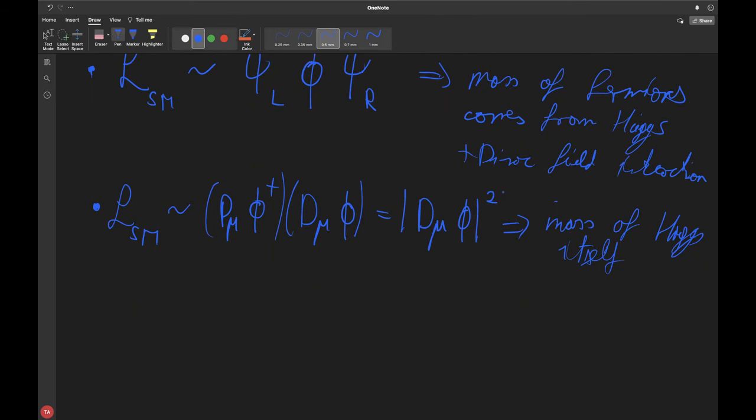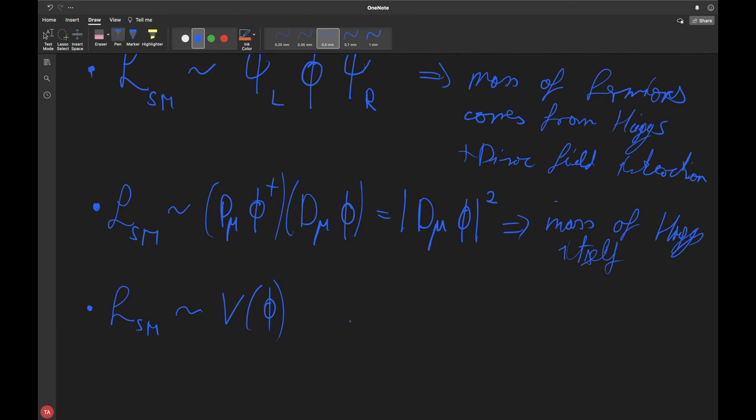As we described in the second part of the last video, we also have an interaction term, which we denote with the V. So the Lagrangian will also be proportional to some potential for this Higgs field. We know that the Higgs field itself has a non-zero value. The vacuum has a non-zero energy, and the Higgs field has a non-zero energy.